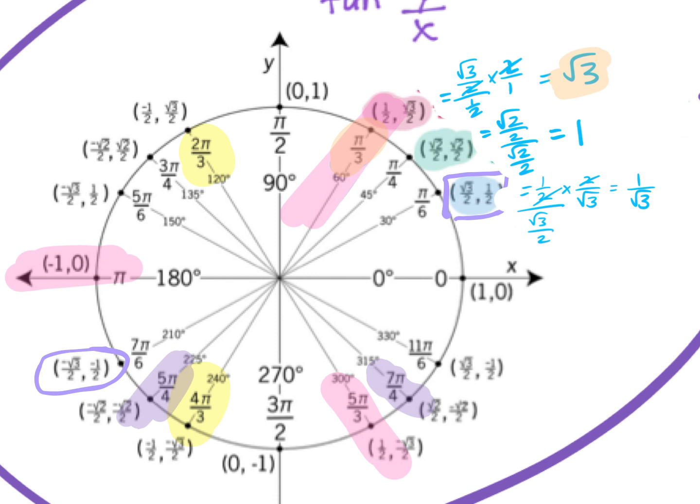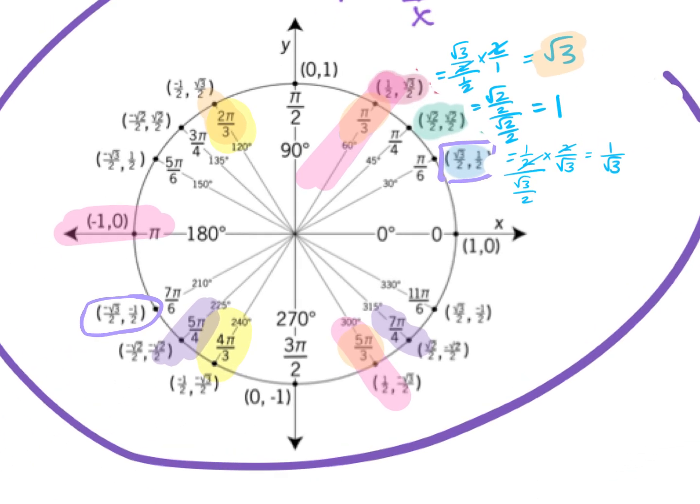However, we're looking for negative square root 3. So which 2 angles would give us negative square root 3? You said 120 and 300. Perfect. Awesome. Remember, it's always going to be the ones with the same denominator, and the ones opposite of each other are going to be the ones that are the same sign.